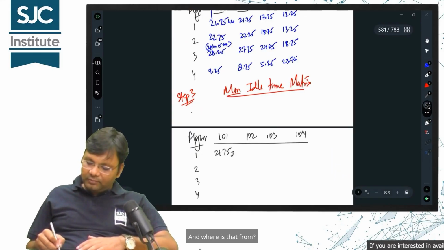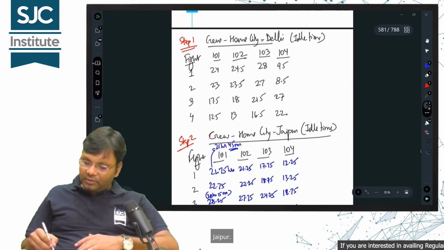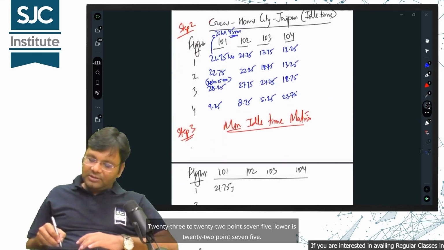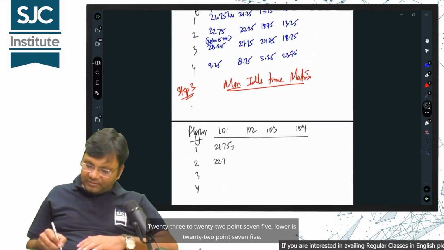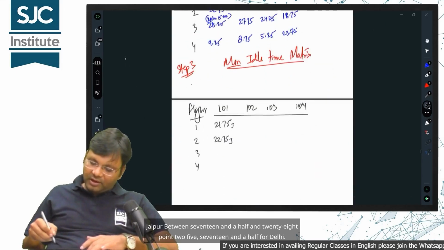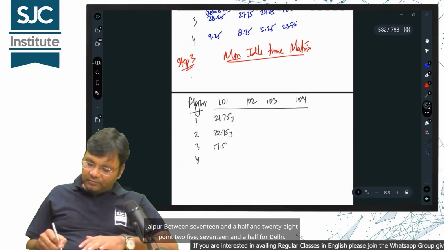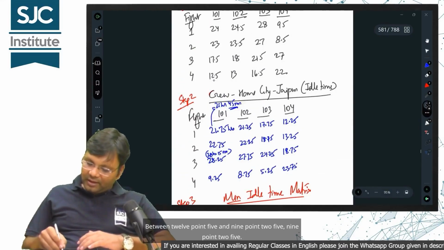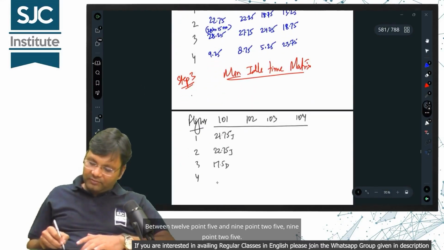And where is that from? From Jaipur to hometown. Jaipur. 23 to 22.75, lower is 22.75. Jaipur between 17.5 and 28.25, 17.5 for Delhi. Between 12.5 and 9.25, 9.25.